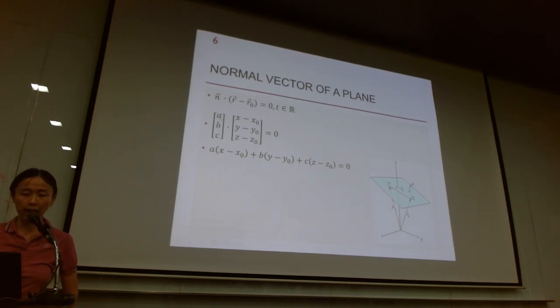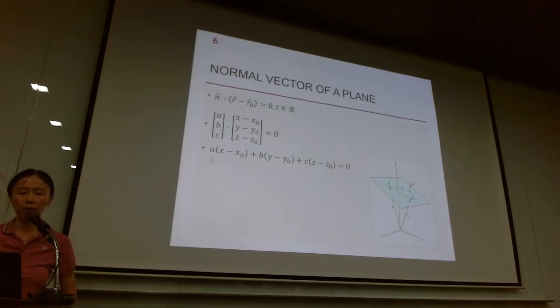Then a, b, c is the normal vector, dot product with x, y, z. Usually x0, y0, z0 should be given. Because if I give the footnote, it means this one has to be fixed. This is the origin. Then x, y, z is any variable. The product equals 0.